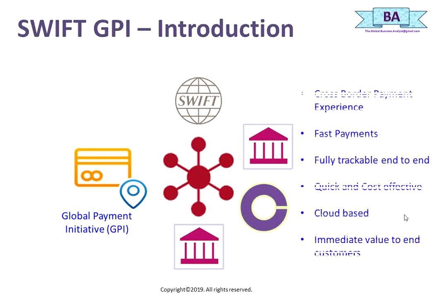One of the main objectives of GPI is to transform your customers' cross-border payment experience by delivering truly fast payments that are fully trackable from end to end. SWIFT GPI is based on existing messaging standards and bank payment processing systems, making it very quick and cost-effective to adapt to the new norm.